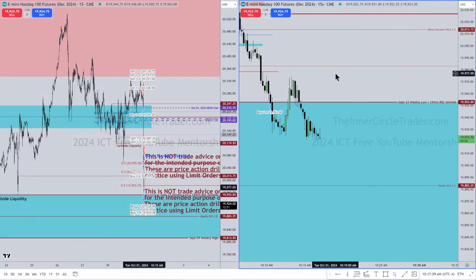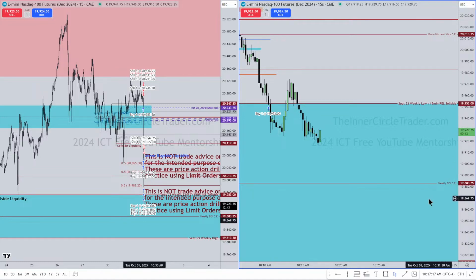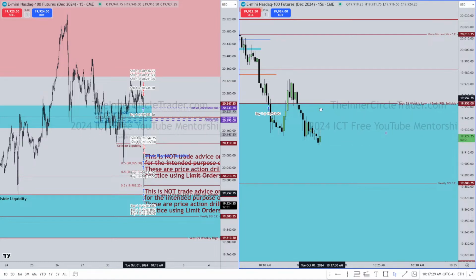And just simply watch. We have the weekly buy side imbalance, sell side efficiency, consequent encroachment level down here at 19,883.25. We have a volume imbalance in there. That could have been used for a short exercise as well.